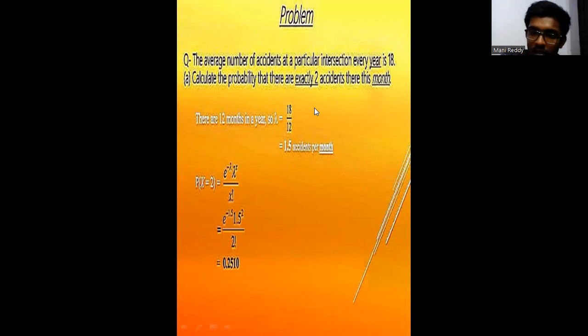Lambda is the average, and x is how many you want. So e power minus 1.5 into 1.5 whole square by 2 factorial, which is 0.2150.